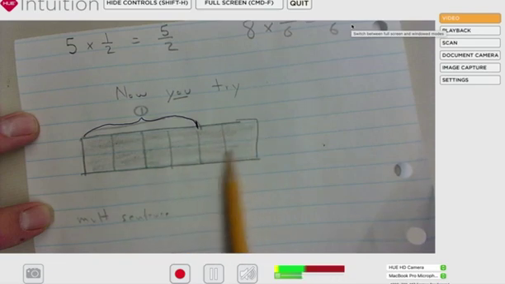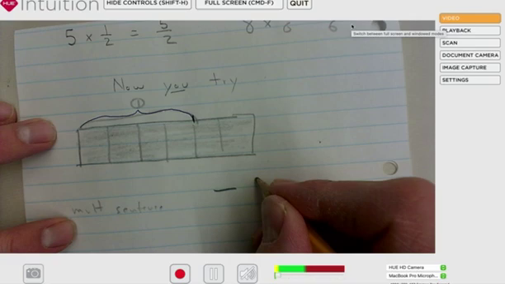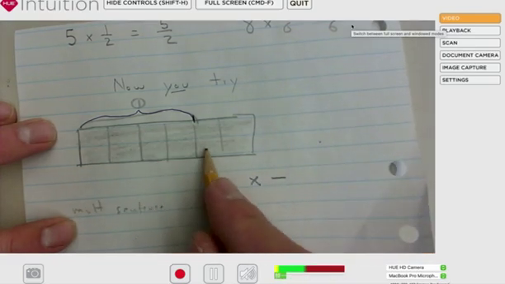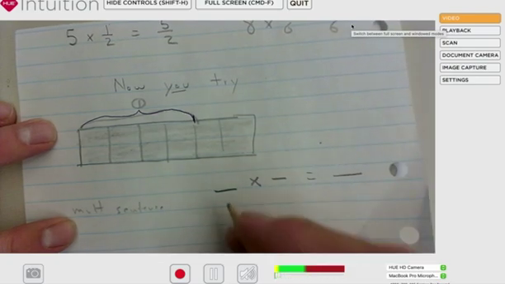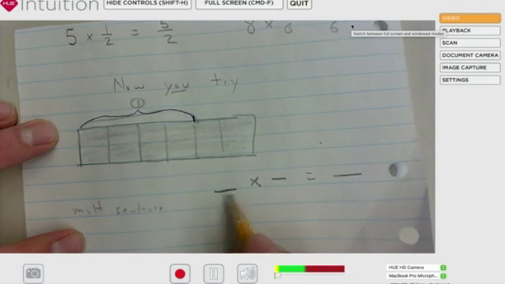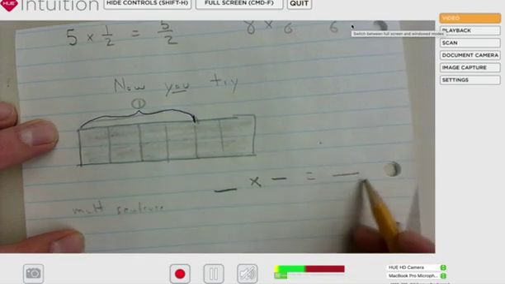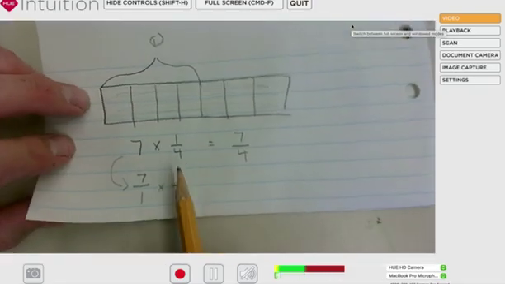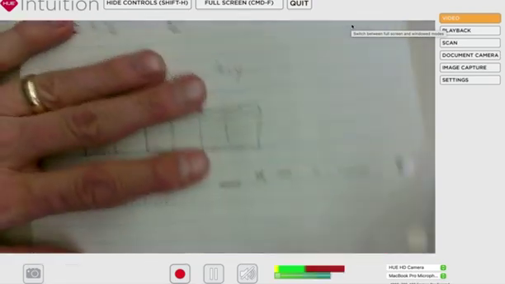And I want you to represent this as a multiplication sentence: a certain whole number times a fraction, what each one of these is, equals a GTO. Whole number times each unit fraction equals what it is in all. Just like we did here, just like we did here, just like we did here. Use this as a guide. And do this. And then you'll be all set.